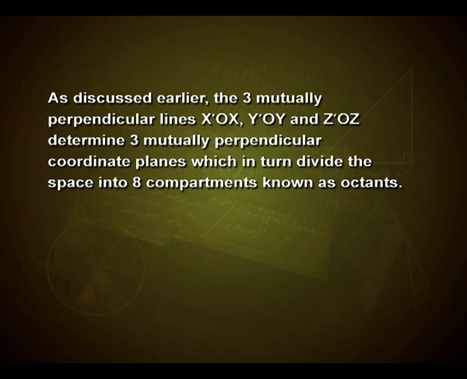As discussed earlier, the three mutually perpendicular lines X'OX, Y'OY and Z'OZ determine three mutually perpendicular coordinate planes, which in turn divide the space into 8 compartments known as octants.